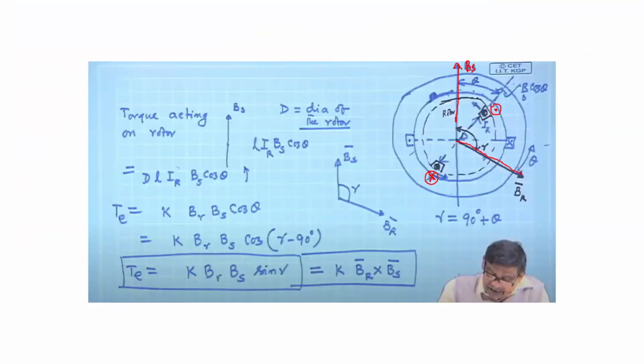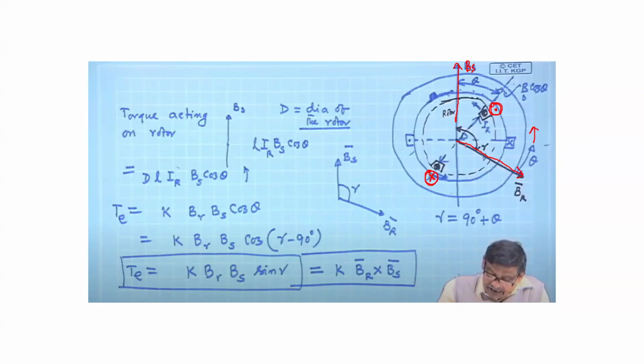Now we know that BR will try to come close to BS, because the North Pole will try to attract South Pole. We can also find it using Fleming's left hand rule in these conductor positions, and then we will see that this will try to rotate in this direction only. So you can do it in both the ways.